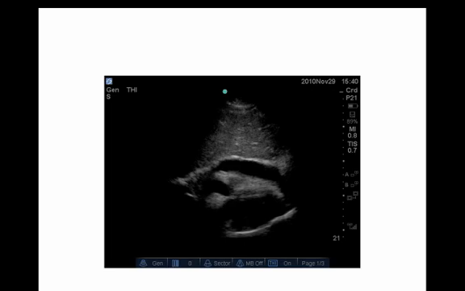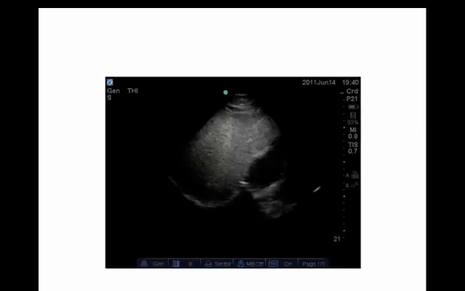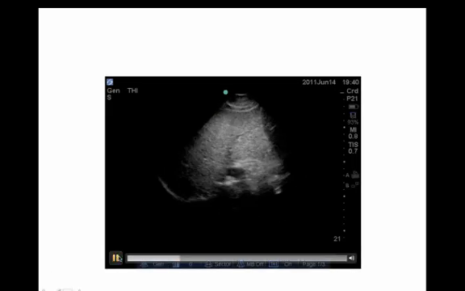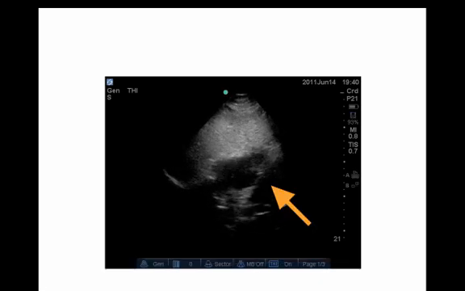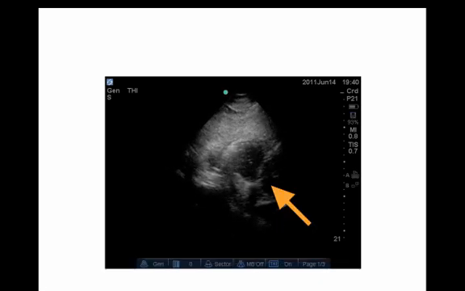The term we use for a heart that is not beating is cardiac standstill. Let's look at an example of that. Here you can see the heart, which clearly has no movement.